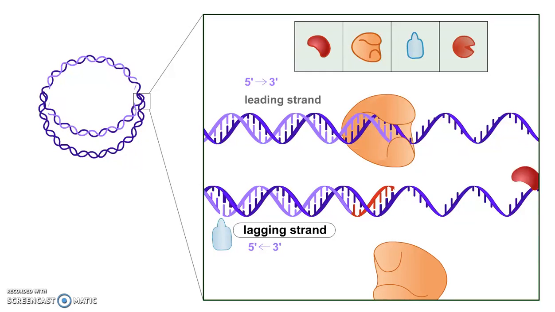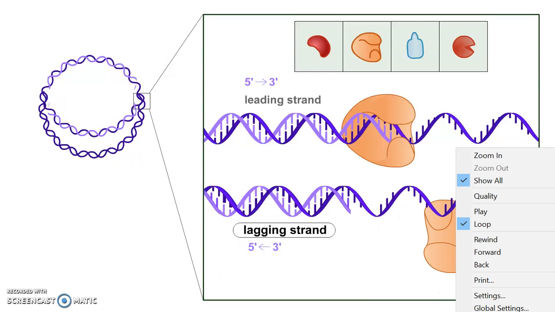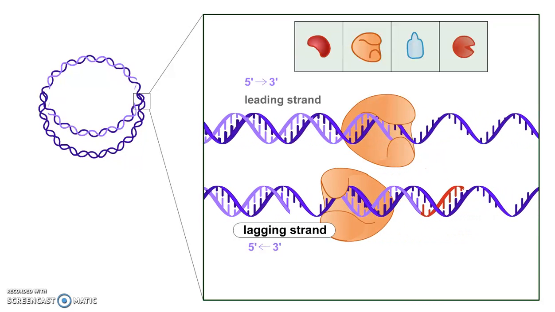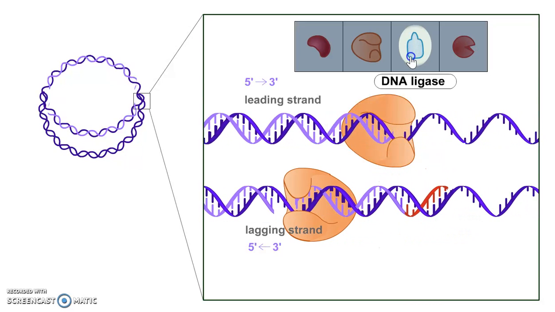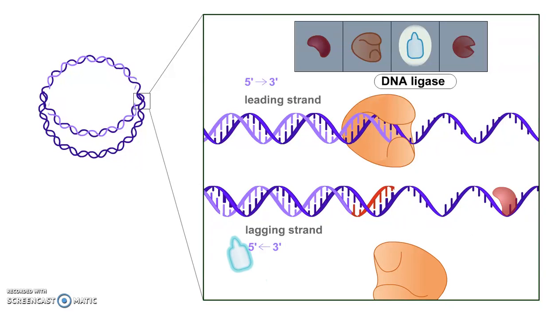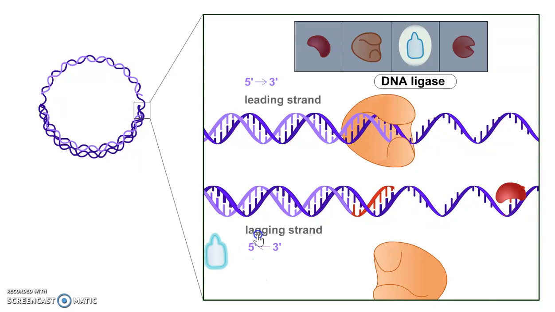And there's another enzyme that's going to come in here, and it's going to be able to seal up this gap right here. And this enzyme is known as DNA ligase, and its whole job is to use a little bit of ATP to provide energy to actually seal that sugar phosphate backbone.